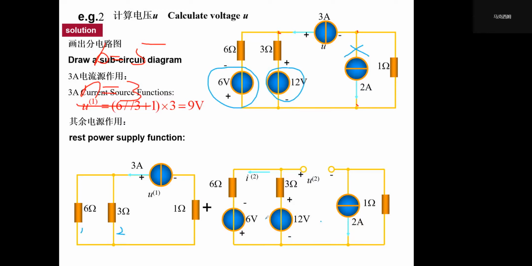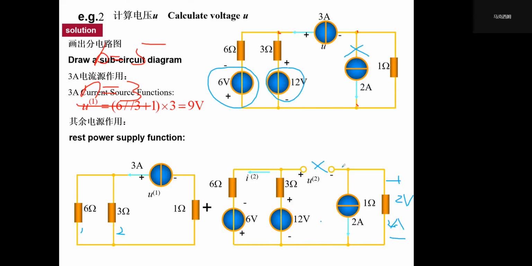And it's very easy to solve the second one. You see, since this part is open circuited, there's no current running through it, and so all the 2 ampere current runs through this 1 ohm resistor, and its voltage must be 2 times 1 is 2 volts.